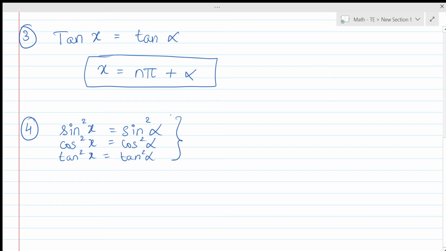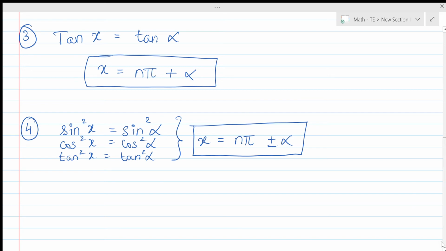All these have the same general formula, x is equal to n pi plus or minus alpha. So it's almost the same as tan alpha with just a plus or minus sign.